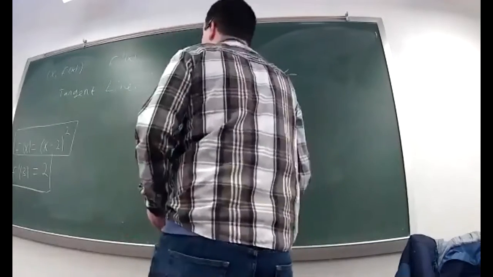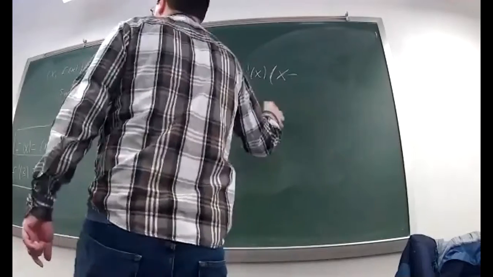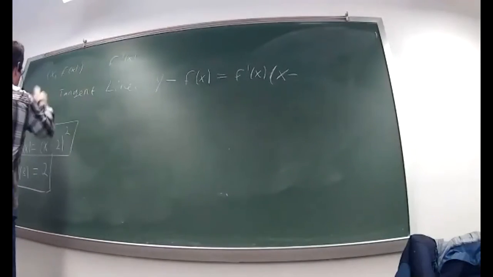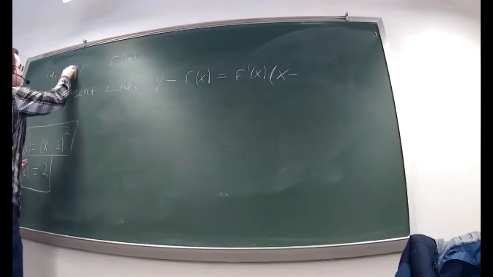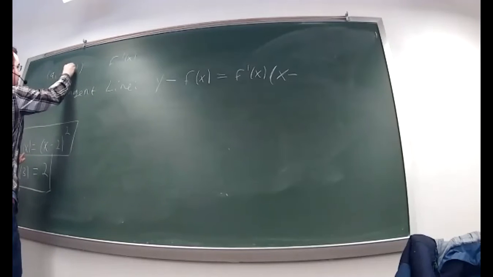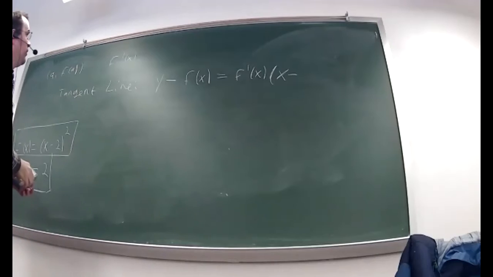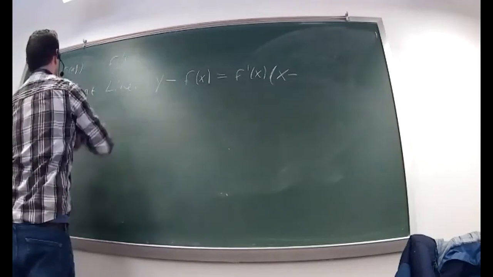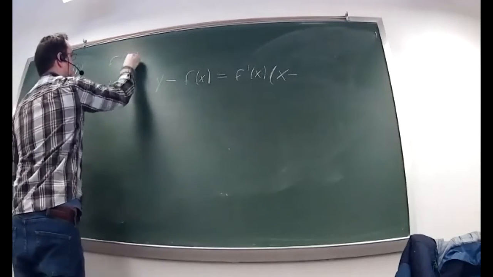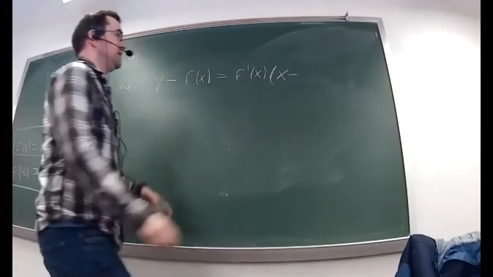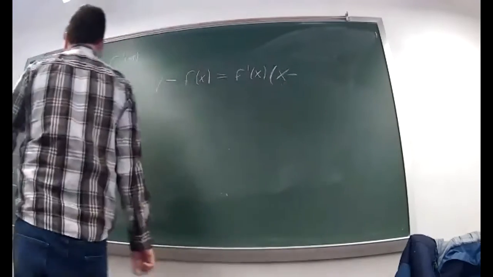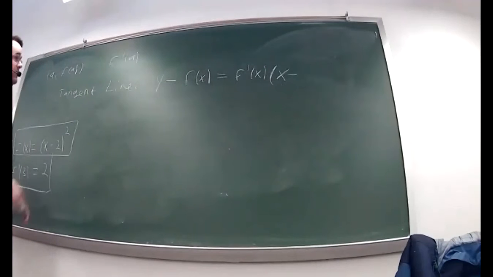I guess this isn't going to work out because I can't use x for the variable and also x for the point at which I'm taking the derivative. So let's use a. Say you fixed x equals a, and then f of a. The tangent line is going to have slope f prime of a. Do you see how I couldn't use the variable x here and also the same variable for the tangent line?